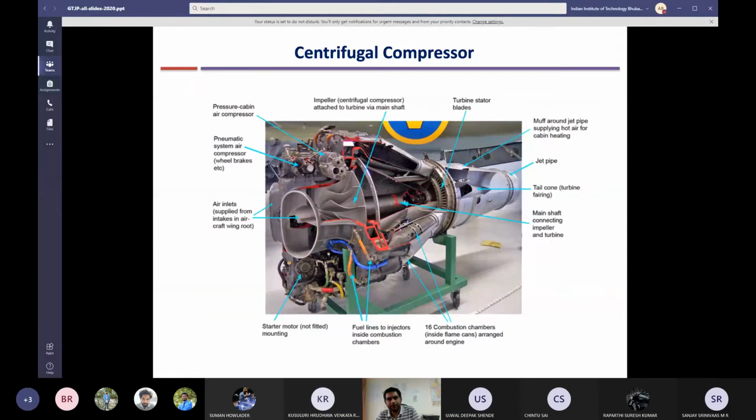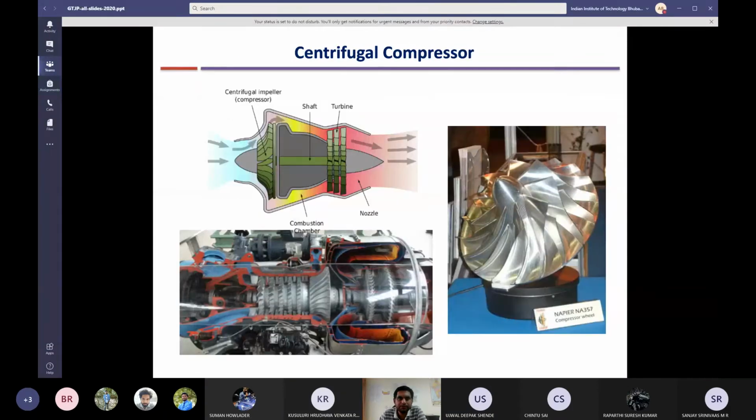So we had started discussing the components. We will go through the main components briefly, starting from the centrifugal compressor and axial compressor. Then a very quick discussion on the combustion chamber, on the different aspects of combustion chamber, without going into calculations, which is beyond the scope of this course.